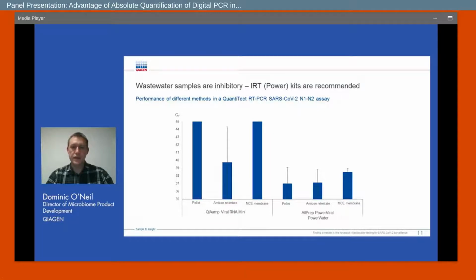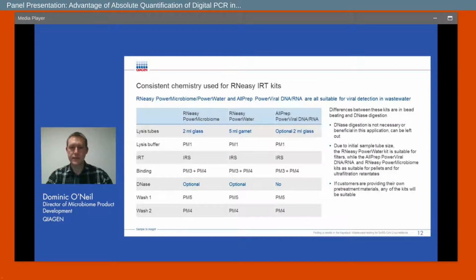Using different concentration methods, whether we spun down and processed a pellet, or did ultrafiltration, or did electronegative filtration on a mixed cellulose ester membrane, we see a significant shift in CTs when we prep those materials with the QIAGEN Viral RNA Mini Kit, and we see much better consistent detection using either the AllPrep PowerViral or the RNeasy PowerWater Kit. This is an indication that there are potent inhibitors present in the sample that are removed through the use of IRT. So we strongly recommend any IRT kit when dealing with wastewater samples.